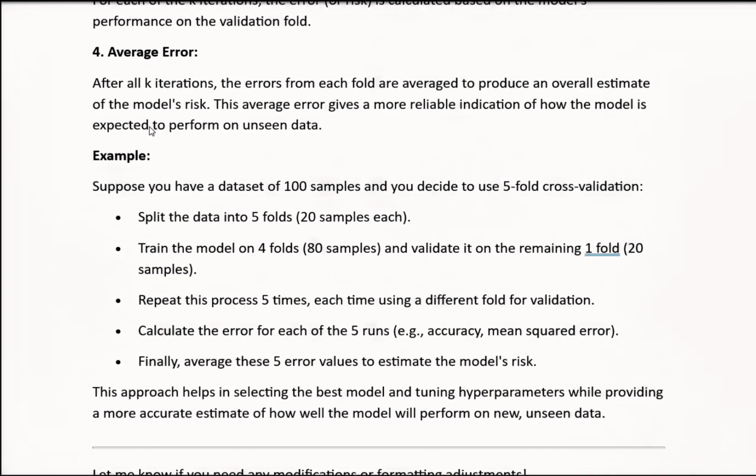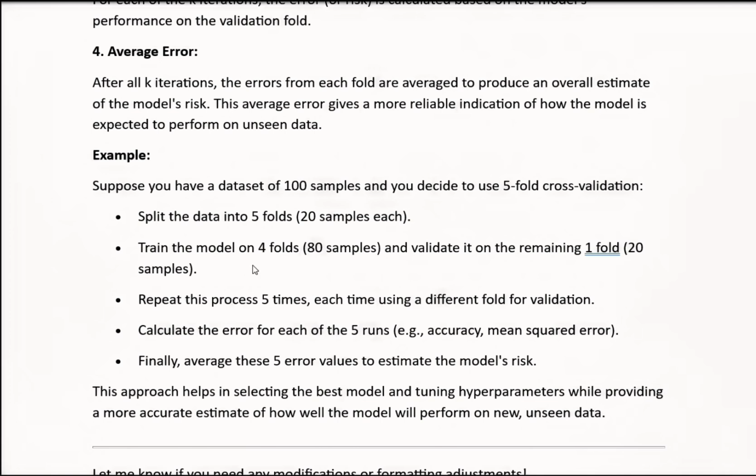So, here is an example. Suppose you have a dataset of 100 samples and you decide to use K-fold cross-validation. Split the data into 5 folds of 20 samples each.